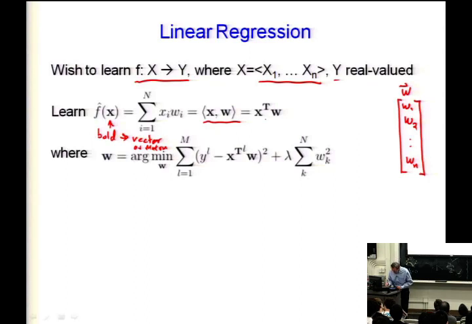I'll use bold to represent a column vector like that, and then I'll use T to mean the transpose.